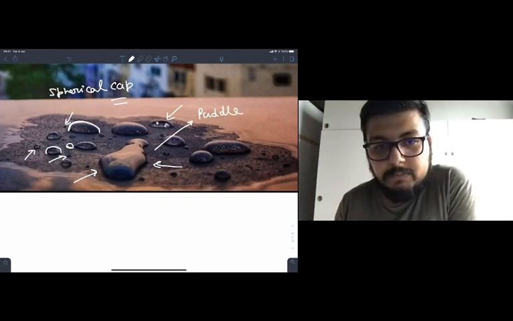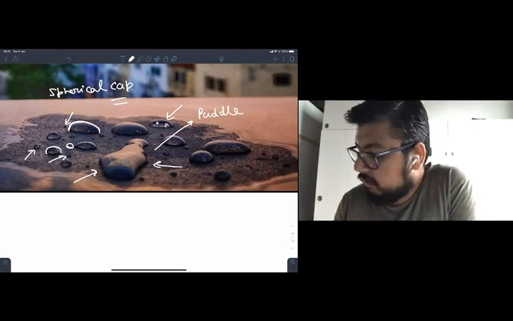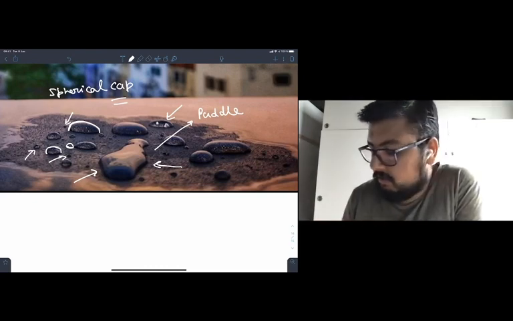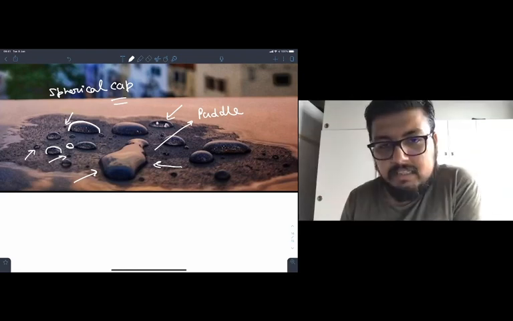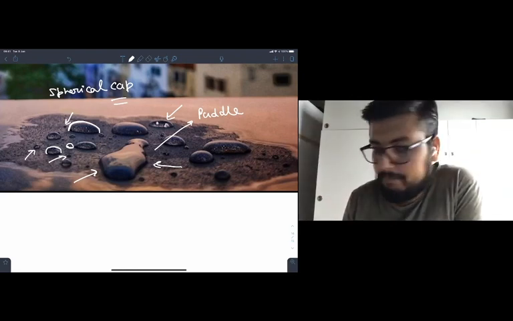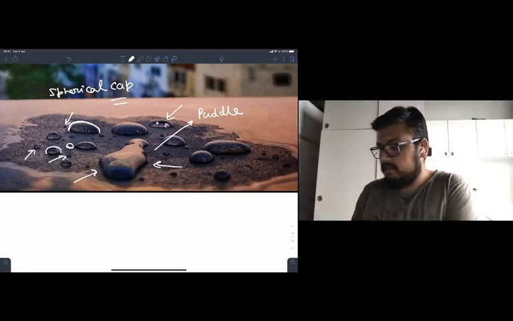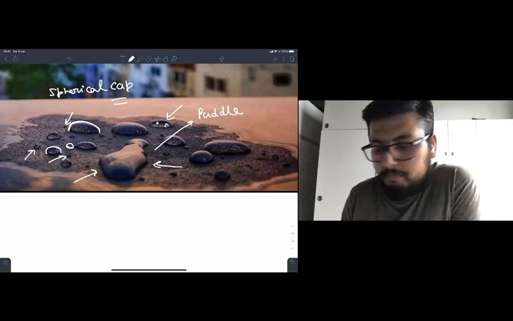So what is the difference between a puddle and a spherical cap? Basically, you can see that if the drop sizes are small, so if they are smaller than a critical size, then we see them as a spherical cap. However, if the size increases, then we see it as a puddle.